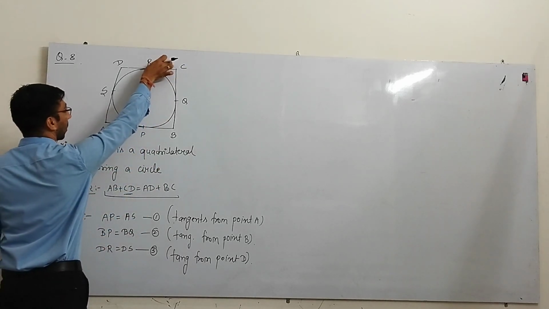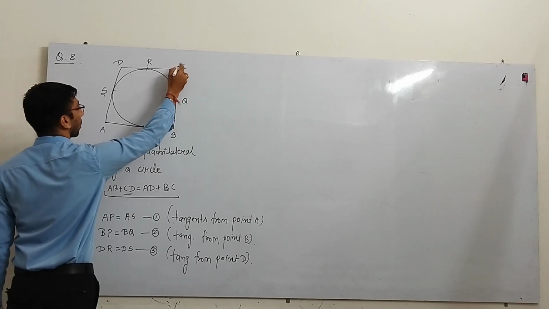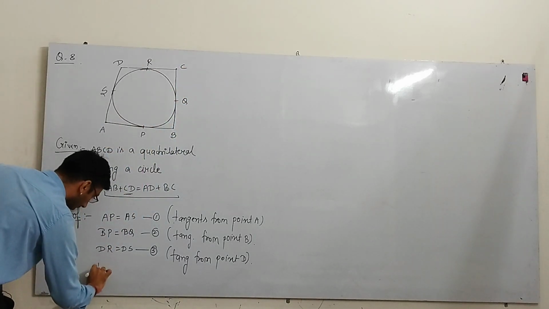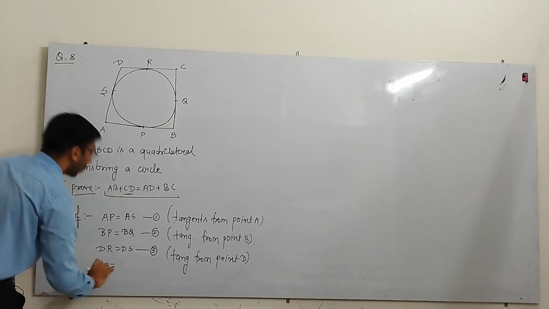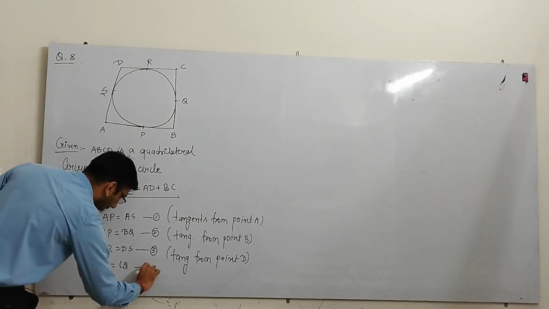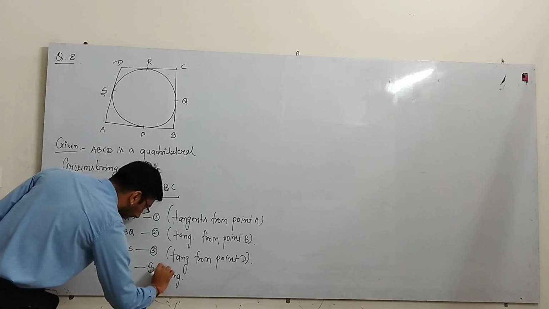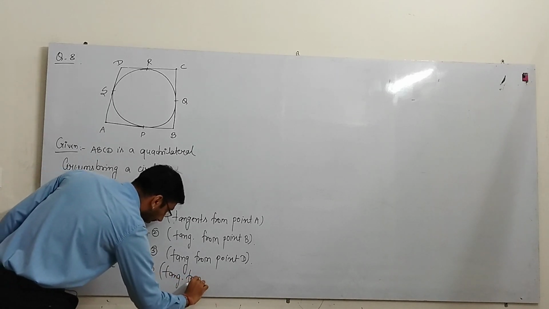So we can say RC is equal to CQ because these are the tangents from point C. So RC is equal to CQ, equation number 4.